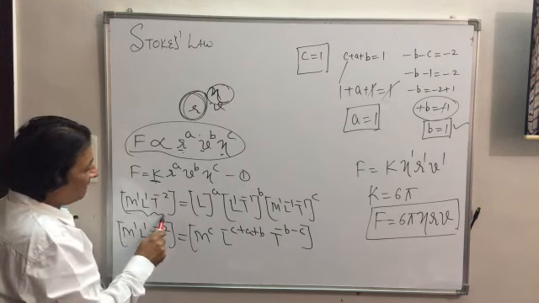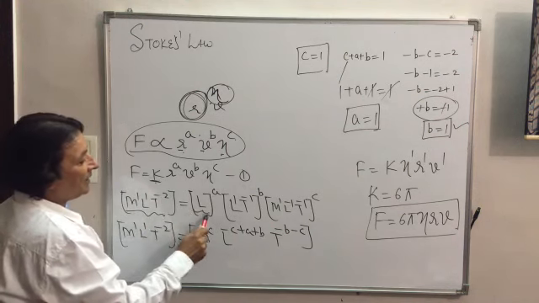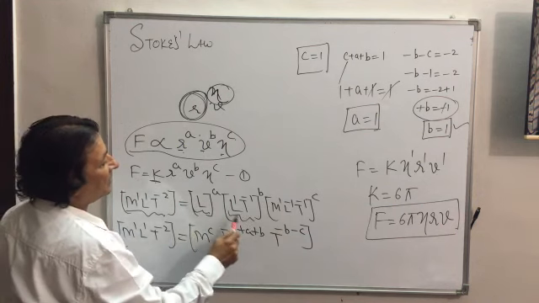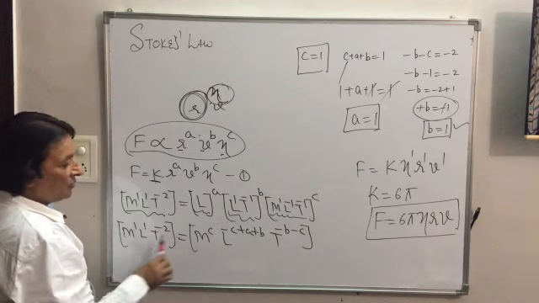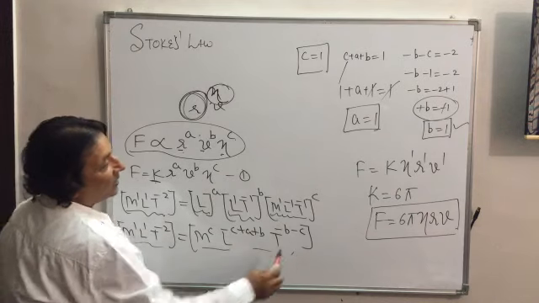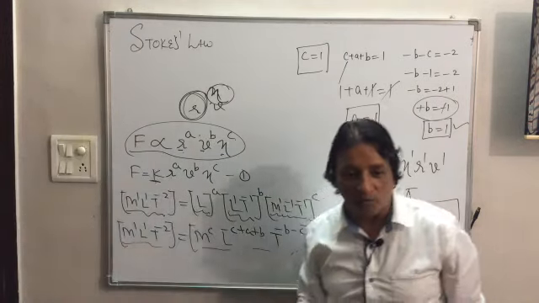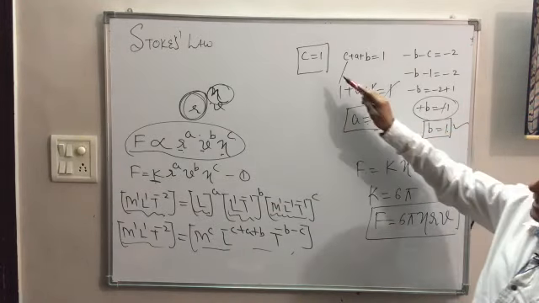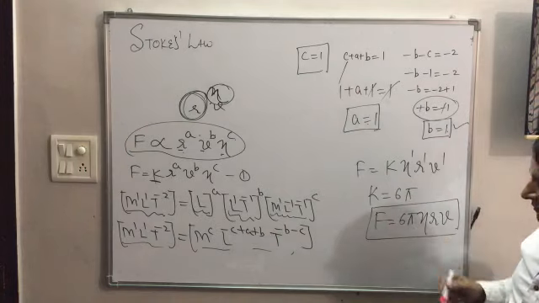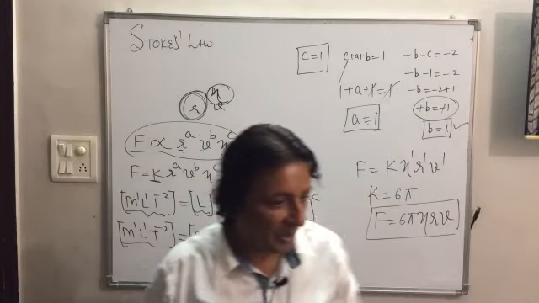So for F, the dimensions are M1 L1 T minus 2, radius is length L to the power A, velocity is L1 T minus 1 to the power B, eta is M1 L minus 1 T minus 1 to the power C. Using the indices and the principle of homogeneity, you will find the value of A as 1, B as 1 and C as 1. So F is equal to 6 pi eta R V.